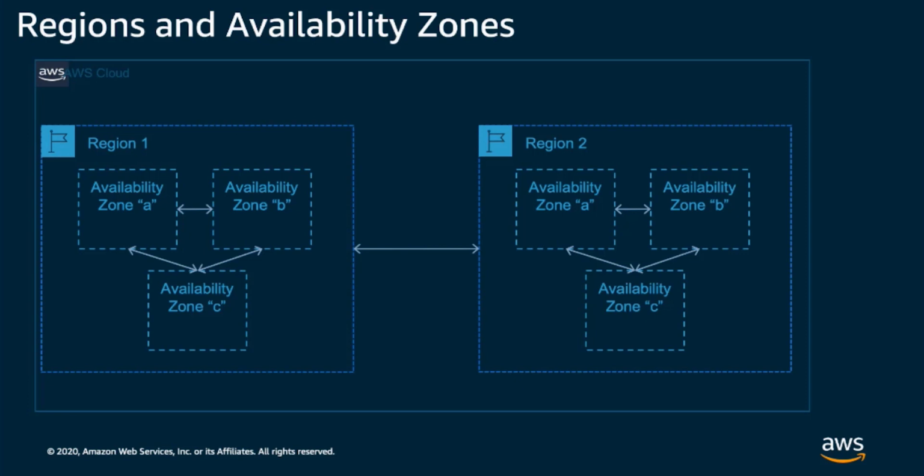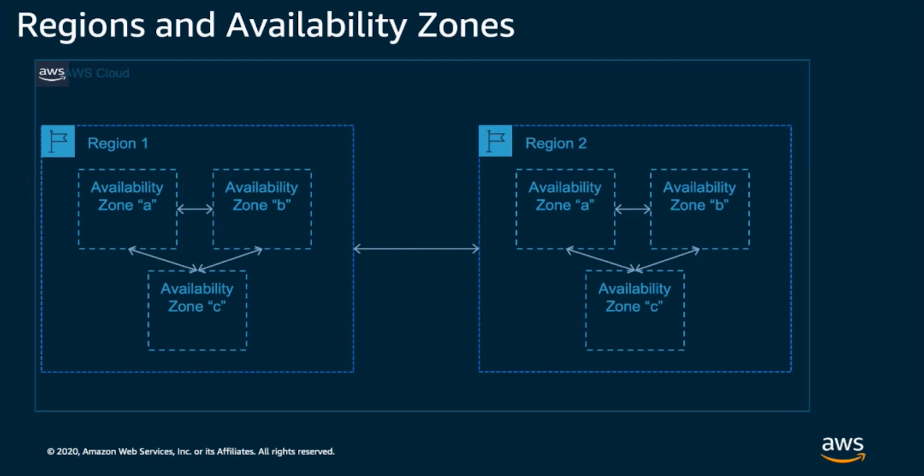We have regions in the US, Europe, Africa, and Asia. In each region, we have availability zones. An availability zone is nothing but a cluster of data centers. Within a region, we have more than one availability zone.